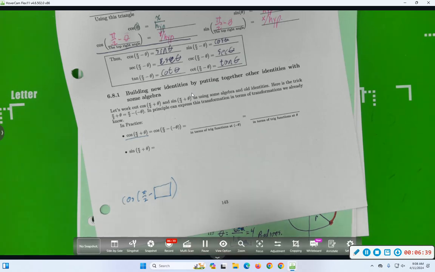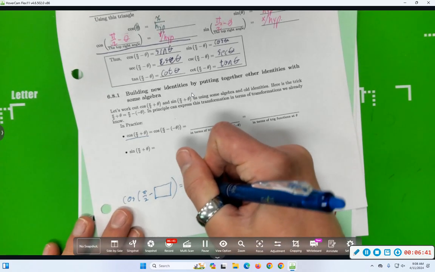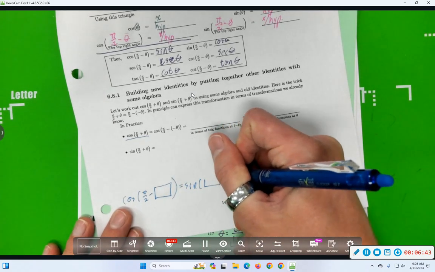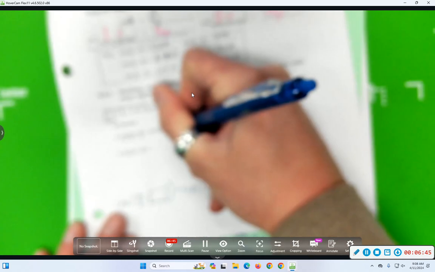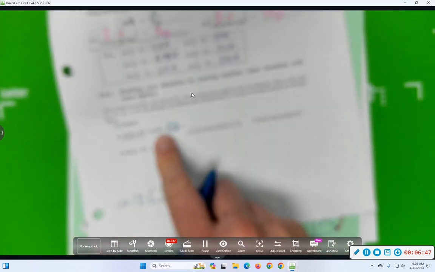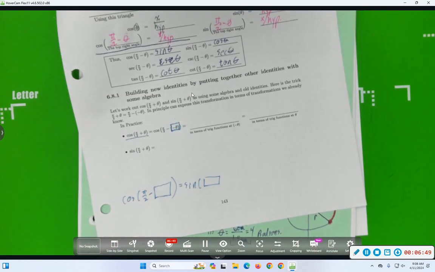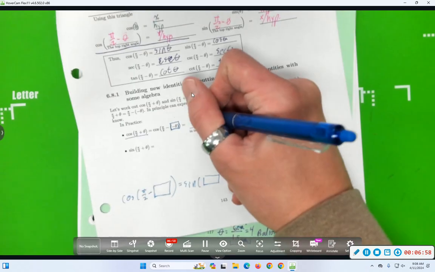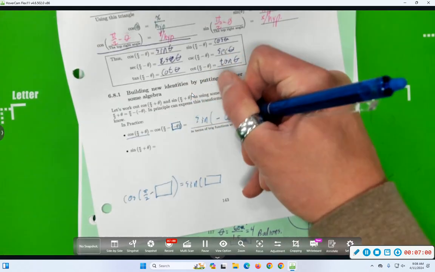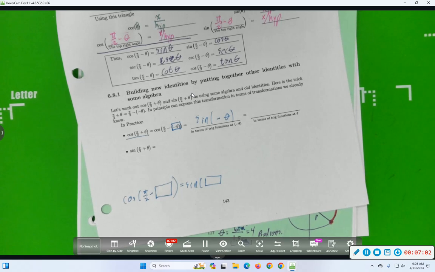So I'm just going to put that down because we are about to use that. So this is the thing that's going to be in the box. So the cosine of pi over 2 minus theta is the same as the sine of minus theta. Oh, cool. What's the sine of negative theta? No, sine.